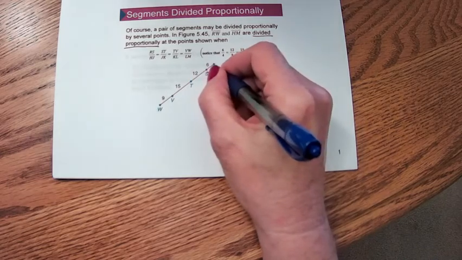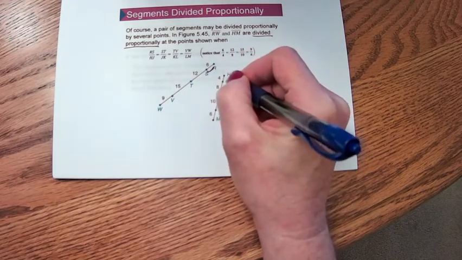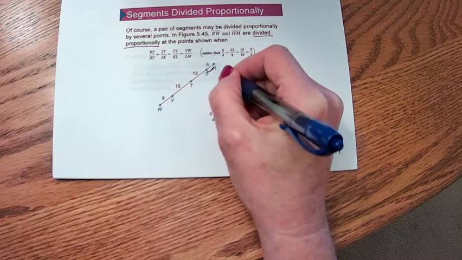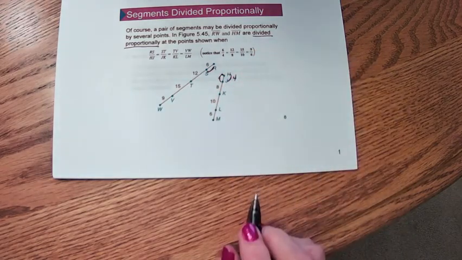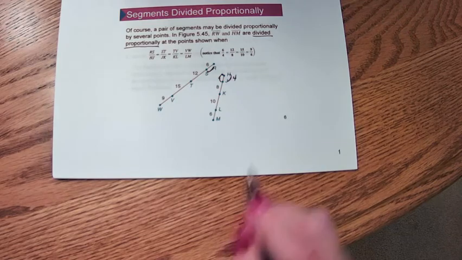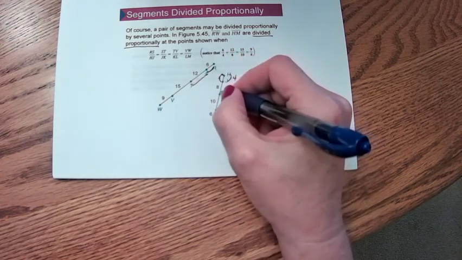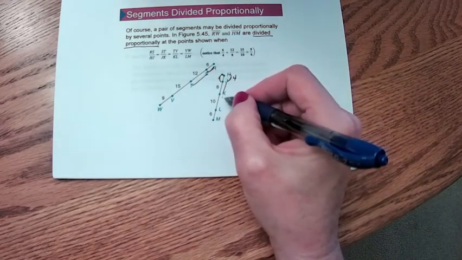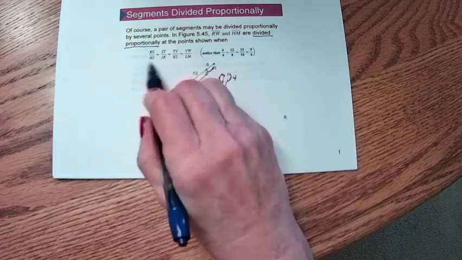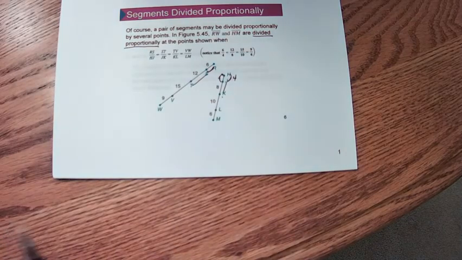That tells us that the length of RS is proportional to the length of HJ. Oh, sorry, I didn't want to get rid of the numbers. That means the length of ST to JK. You can see the proportion. This is an extended proportion over here.